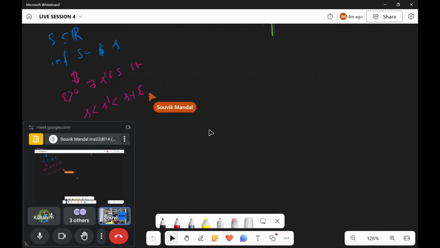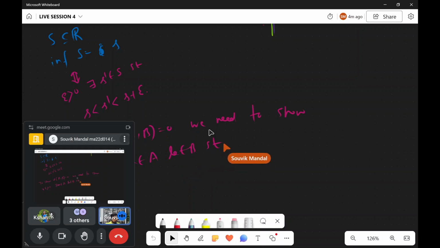So in order to show d of AB equals 0, what do we need to show? We need to show that for any epsilon greater than 0, there exist a belonging to A and b belonging to B such that 0 is less than or equal to d of AB, which is less than epsilon.